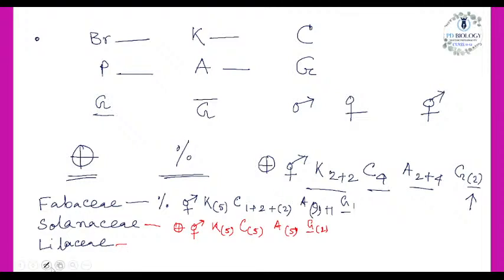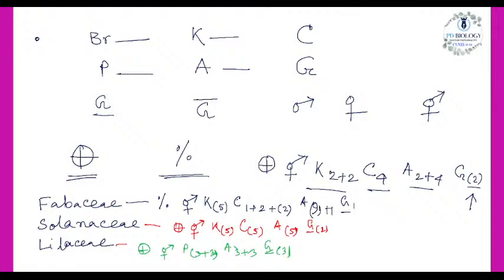The Liliaceae, that is also bisexual. Tepals 3+3, androecium also 3+3, and gynoecium.